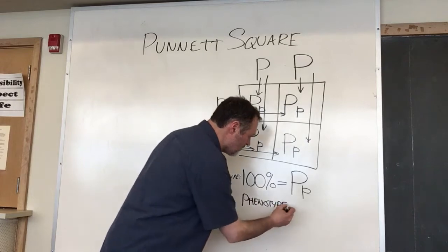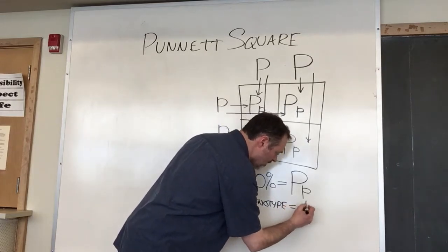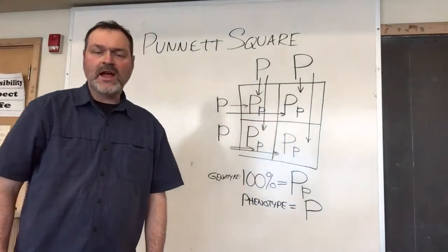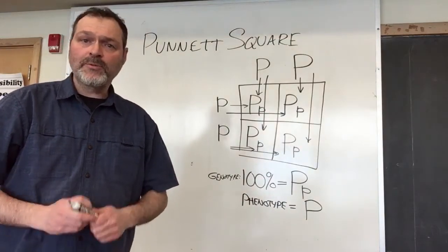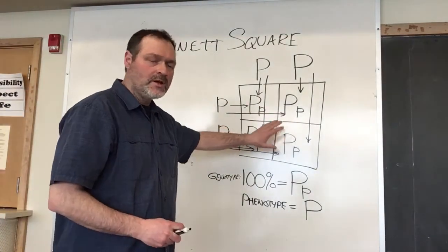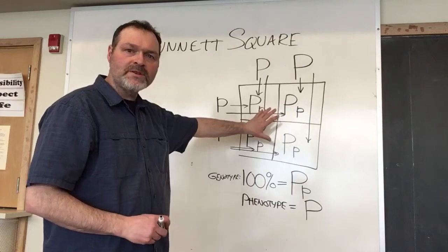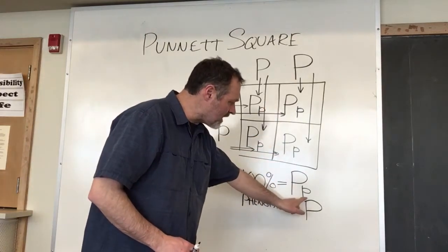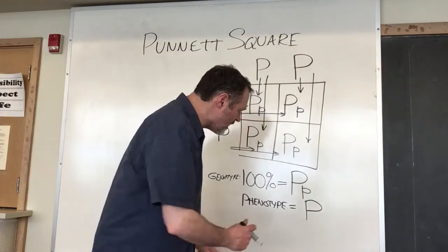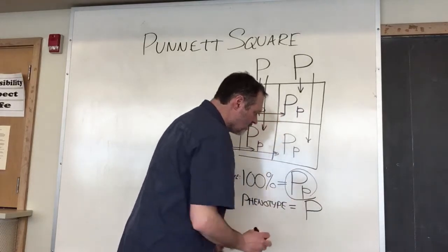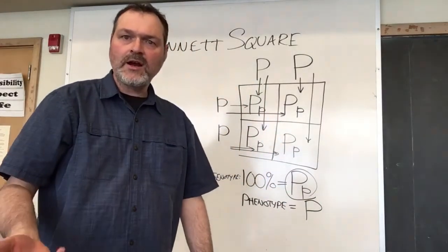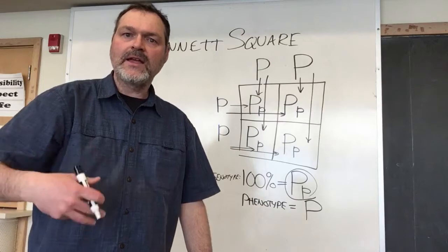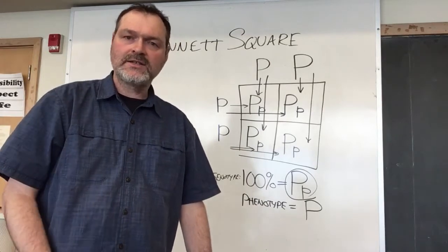Their phenotype is going to be uppercase P, purple. They're all purple. They're all hybrid. They all show up as purple, but they all carry this other allele within their genetic makeup, and they could pass it on to the next generation.